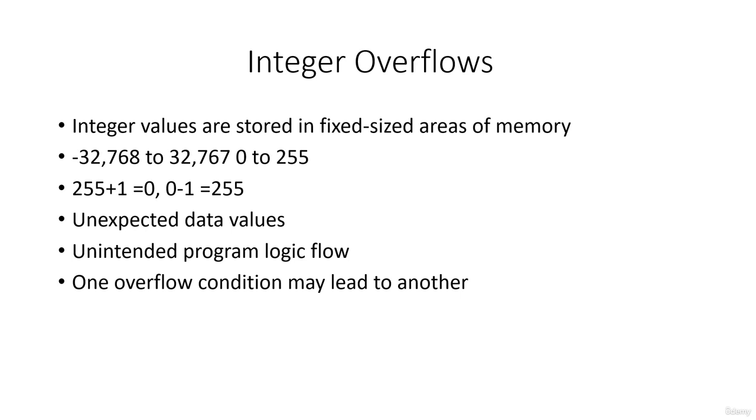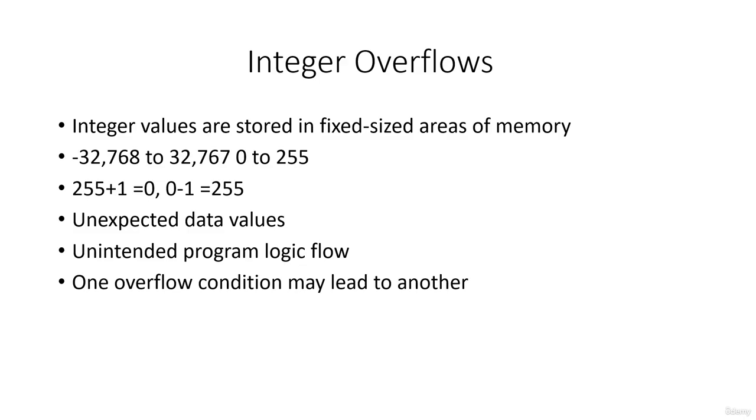Integers are limited to a specific range of values based on the integer variable size, such as negative 32768 to 32767 for a signed 16-bit number, and 0 to 255 for an unsigned 8-bit integer.